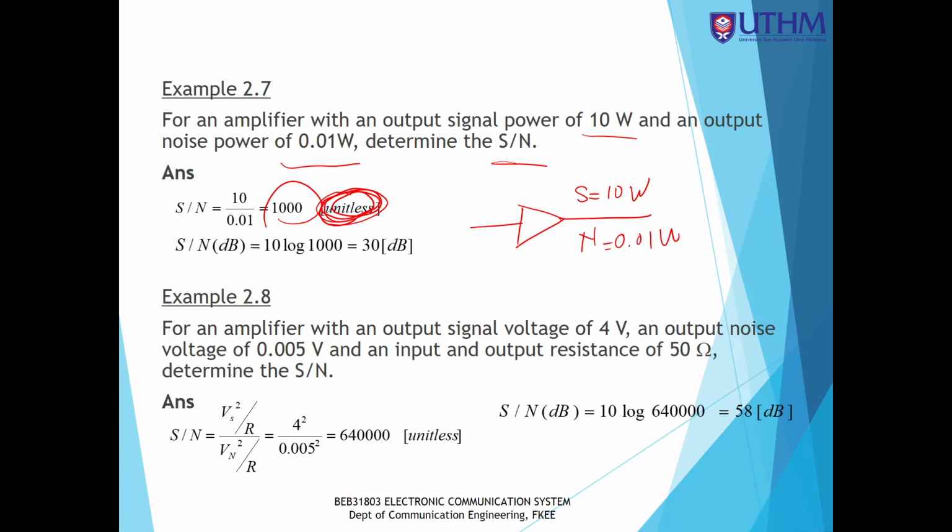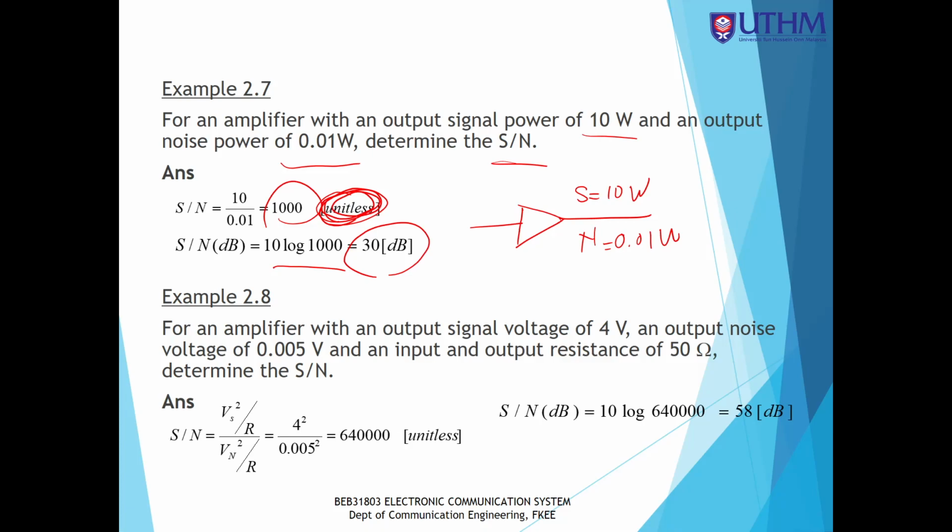So tak perlu tulis. If no unit, then no need to put any unit. Just 1000 is enough. Okay, and then in decibel, 10 log 1000, so you get 30 dB. Okay, this is a straightforward calculation, easy.